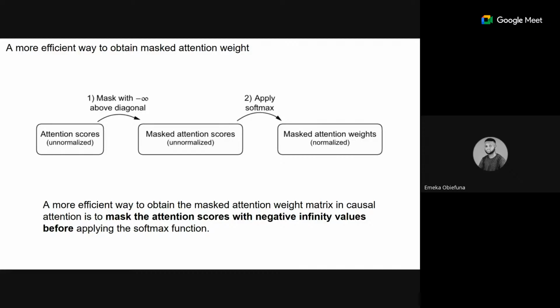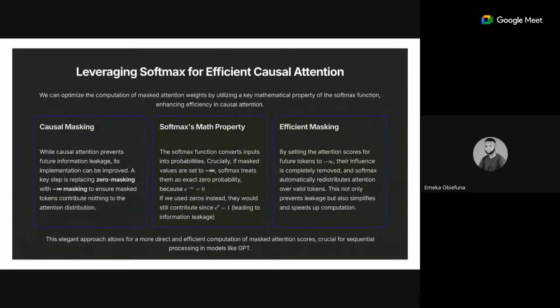Instead of filling with zeros, or masking with zeros, we are going to use negative infinity to perform the masking. And there is a reason for this. Before we get to the math part, in a more practical sense, it's encouraged that we mask with negative infinity. This still points to softmax.